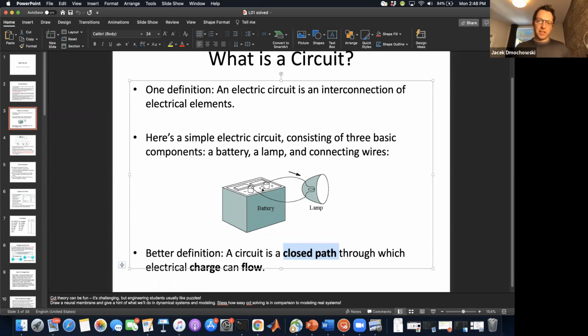Something that you'll hear me say a lot in this course, perhaps too often, is that current follows the path of least resistance, right? If you have some positive charge here and some negative charge here, why doesn't it just travel from here to here directly, through the battery? Well, the resistance between the two poles here is huge, bigger than the resistance along the circuit that contains the lamp.